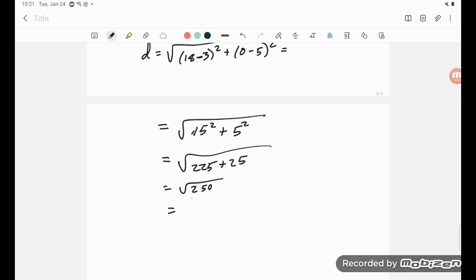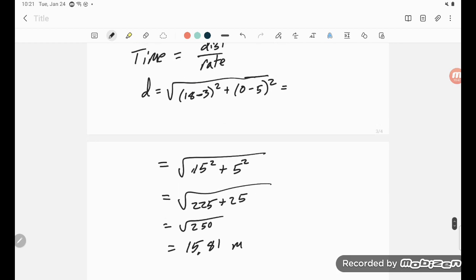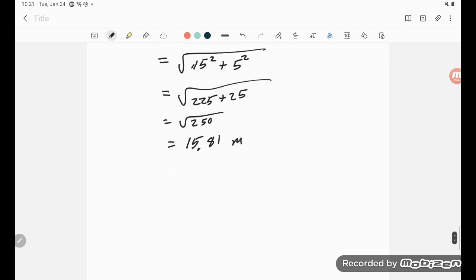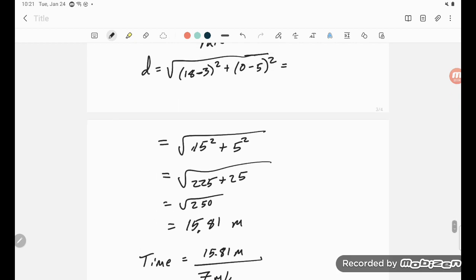And that is 15.81 meters. Okay, so there's our distance. And then our time is our 15.81 meters over 7 meters per second, I think it was.